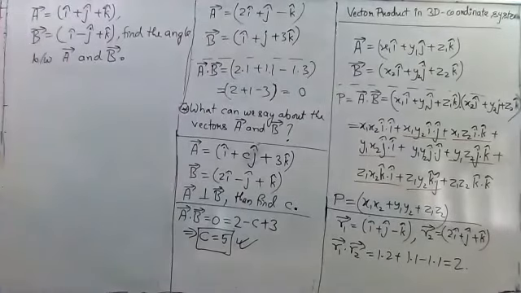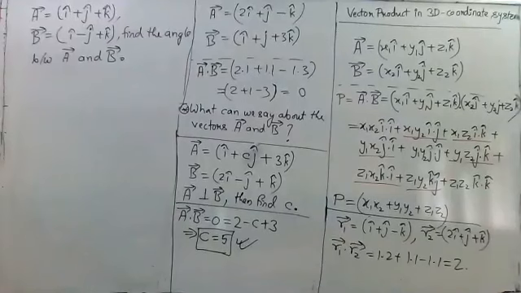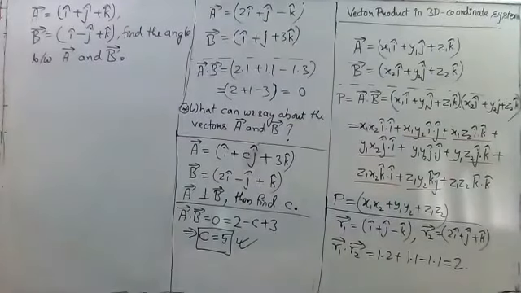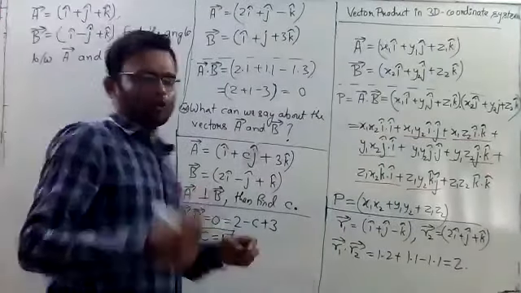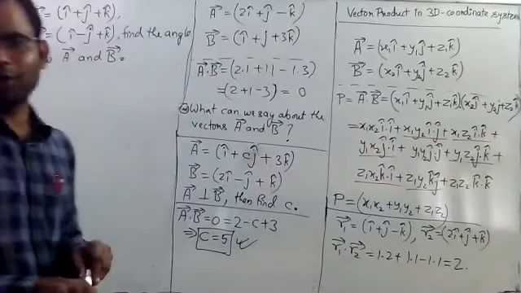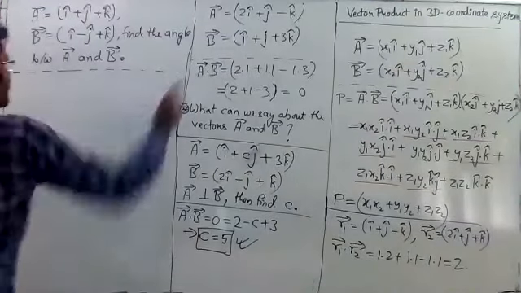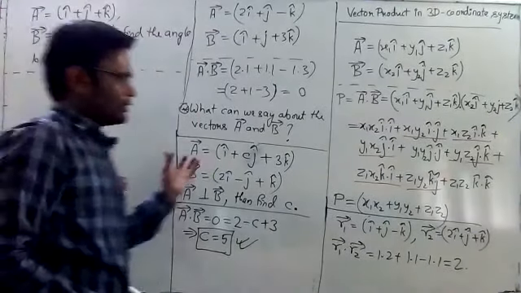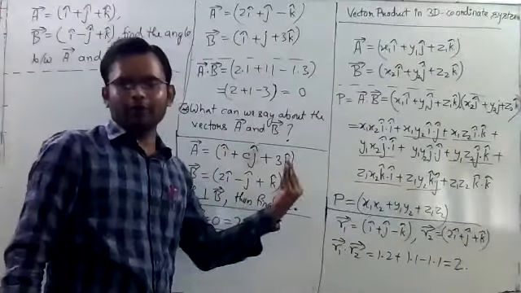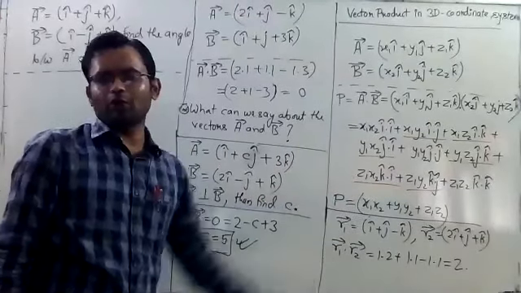So how are we going to proceed here in this case? Don't say either 0 or 90, because there are many values between 0 degree and 90 degree. So let's see what to do. We all know the basics of vectors, that A dot B is equal to magnitude of A into magnitude of B into cos theta.